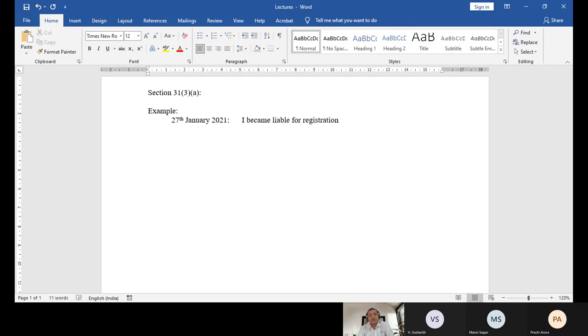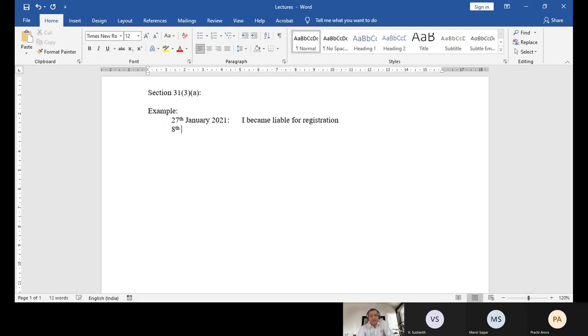But it's not that the moment you apply you will get the certificate. It will take some time. We have some deadlines, and of course the department will also verify, and then they will issue the certificate. It's 99.99% sure that you will get this certificate, but till you have the documents in your hand, you cannot say that you are a registered person.